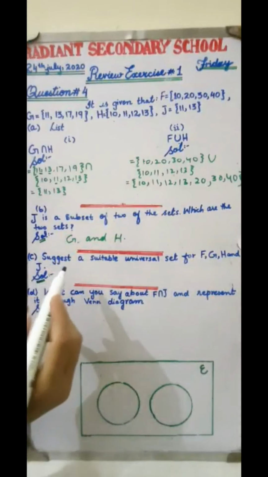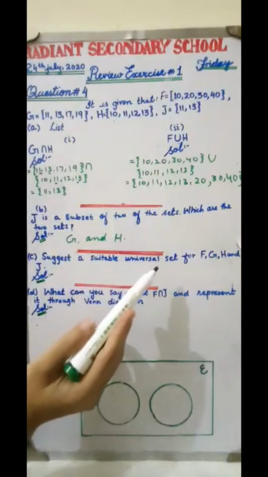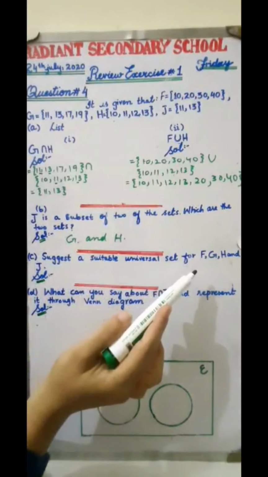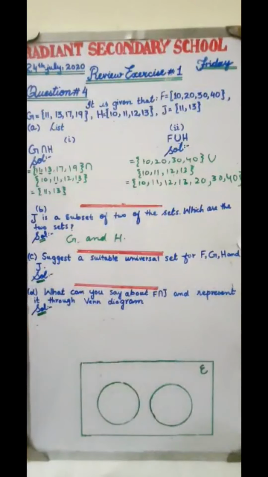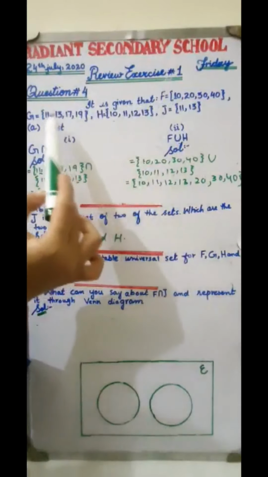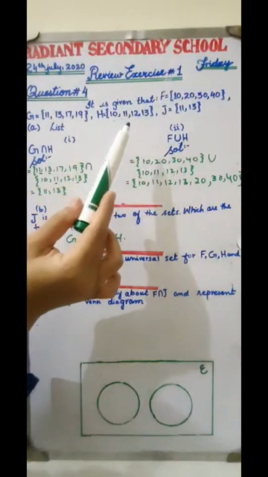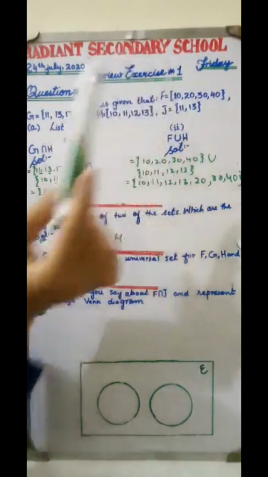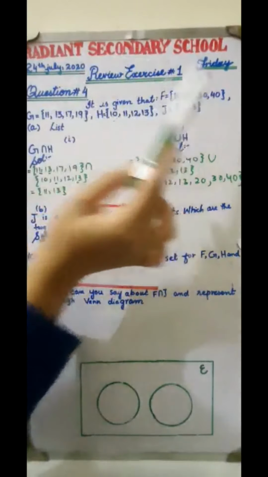In part C, suggest a suitable universal set for F, G, H and J. For these four sets, we have to suggest a suitable universal set. So look at the smallest element in these four sets. The smallest element is 10 and the largest element is 40.